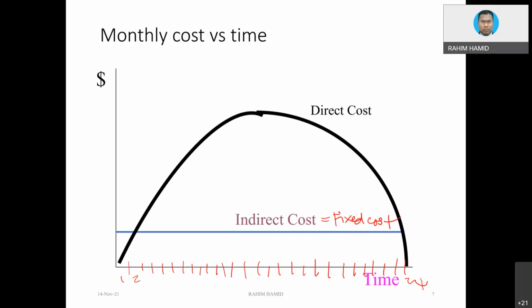The daily management of the project might go up and down, but for academic purposes, we are going to treat it as if it is a fixed cost.